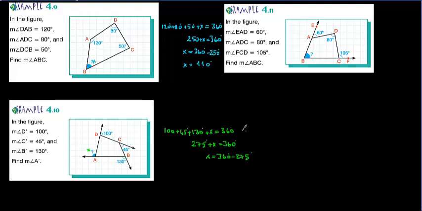When we send it to the other side, it's going to be negative. So x is going to be equal to 85 degrees. Yes, it should be 85 degrees. So the value of x here is 85.